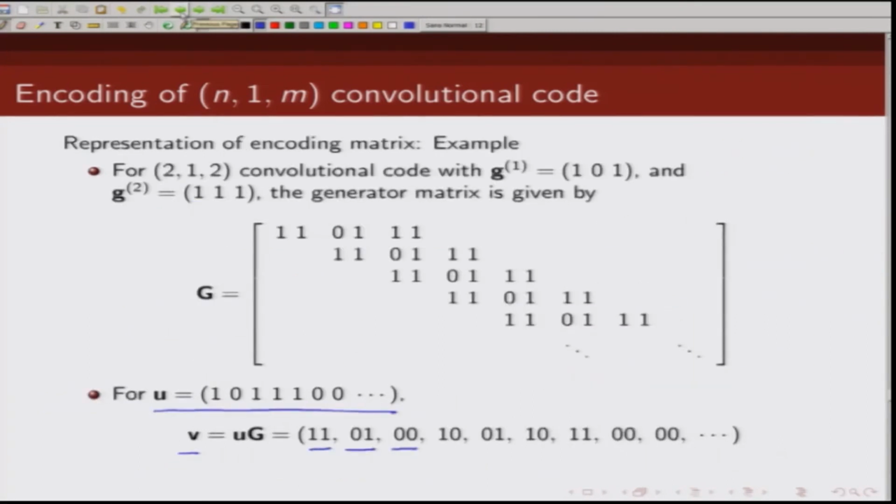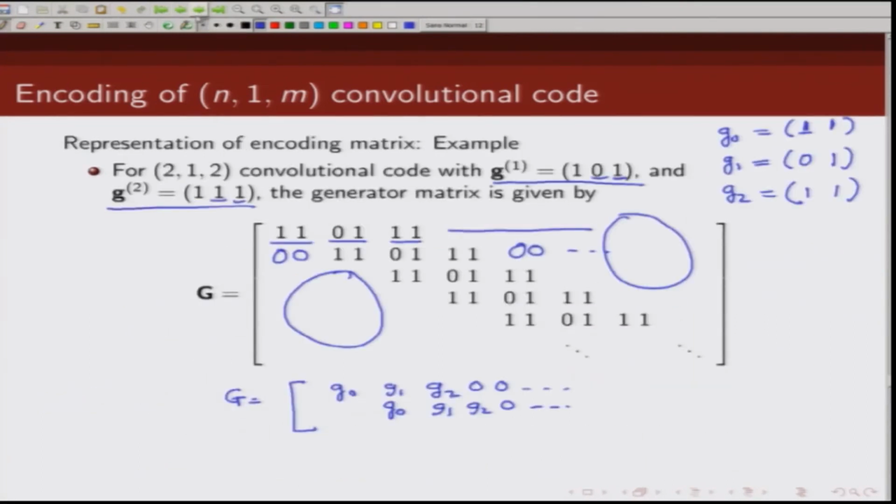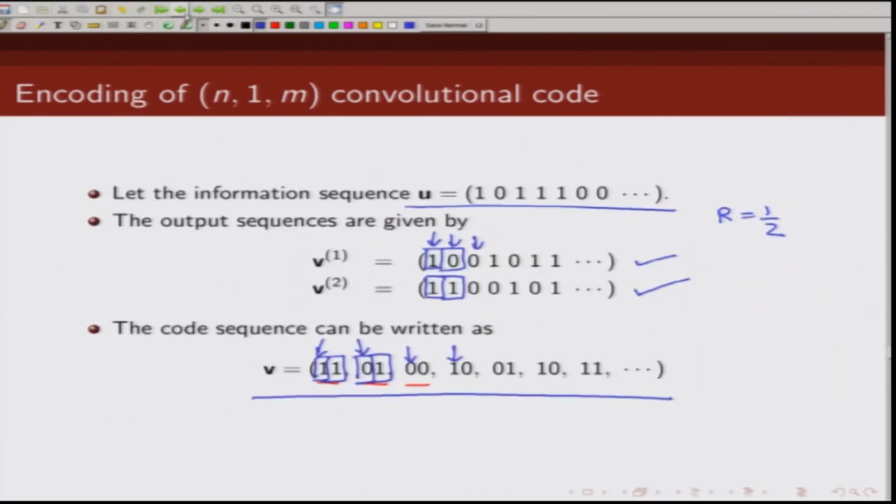Next, if you look here, the first coded sequence is this one. This is the output from the first coded sequence, and the output from the second sequence is this one. So what are you doing?